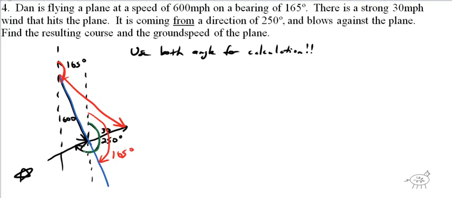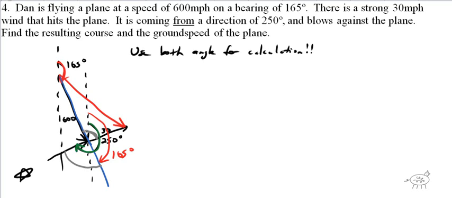So this green angle right here, that's from the wind, that's 250 degrees. Do you guys see that? I guess I'll make this in gray. I don't know if you'll be able to see this. But this angle right here is the difference between the 250 and the 165. Because once I have that gray angle, that angle is the same as this angle right here, except that gives you the angle inside the triangle because those are vertical angles.